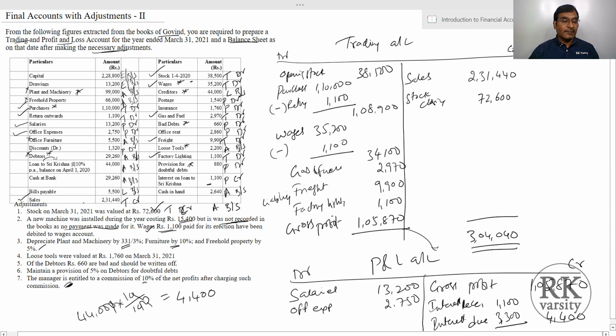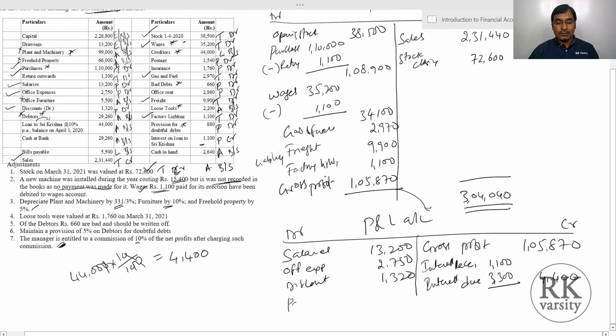Then discount allowed 1,320. Then debtors, loan, cash. What are the other items we have? Yeah, postage 1,540. Then you have insurance 1,760.